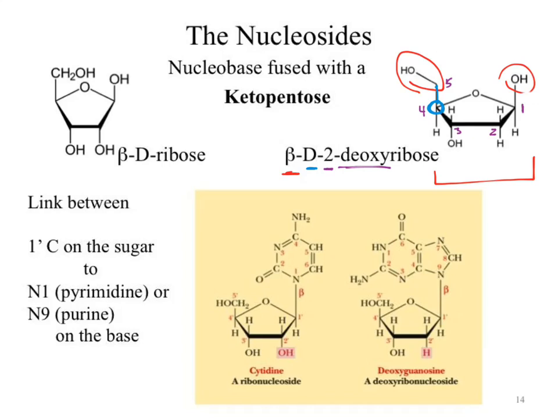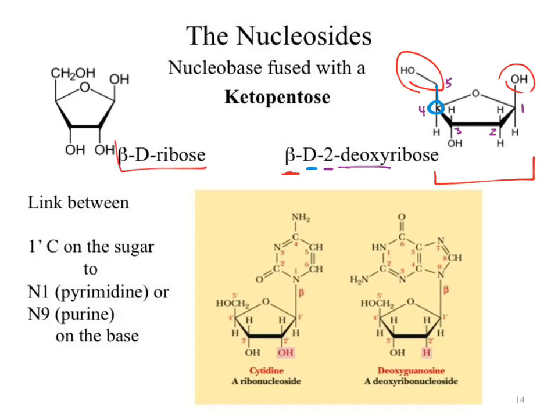The rest of the sugar is then a ribose general structure, so we can leave that as a ribose name. What happens if we move to RNA? We still have the oxygen on there, so we don't have to worry about the deoxy. It's still going to be beta, it's still going to be D, and we're still looking at a ribose sugar. So when we move to RNA, that's what we have on our leftmost side.